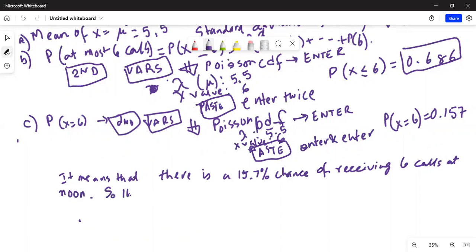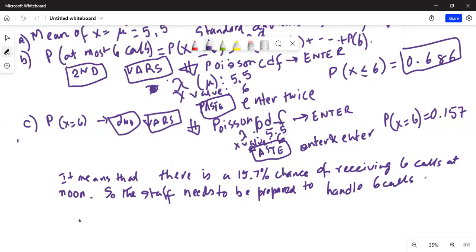So the staff needs to be prepared to handle 6 calls if necessary.